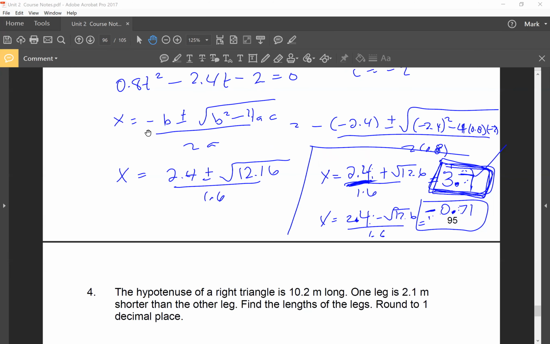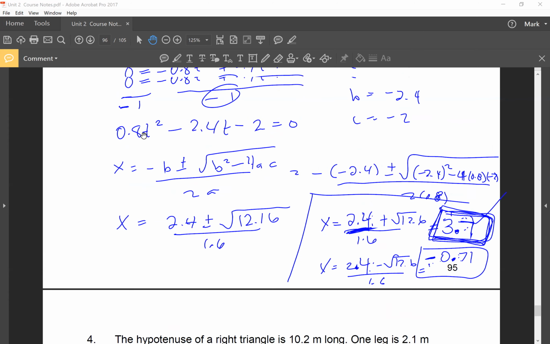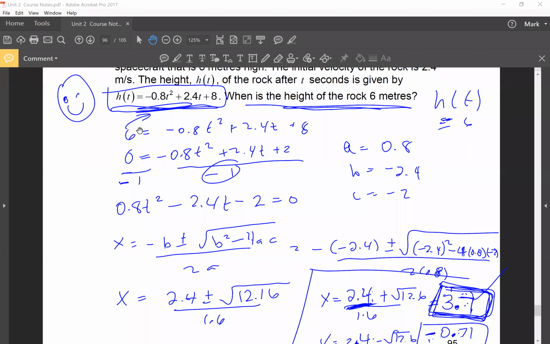My answer is 3 plus square root of 19 over 2. How did you get 3 plus? Because this term here is negative b, which is negative 2.4.